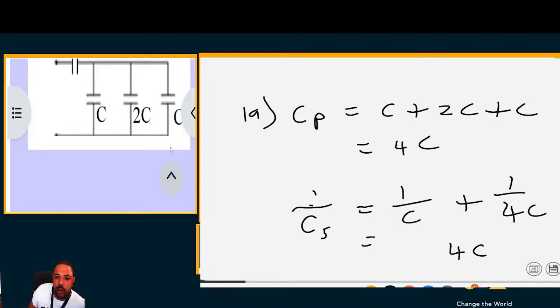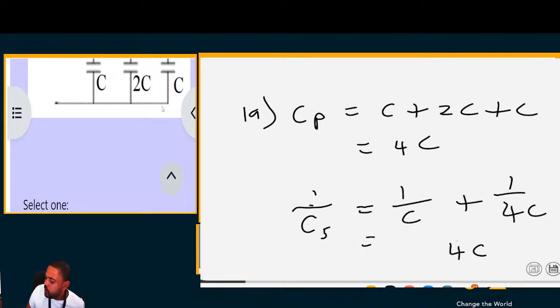I'm just checking now. Am I doing that C? Let's see. They should be that parallel. It's 4C. Okay.